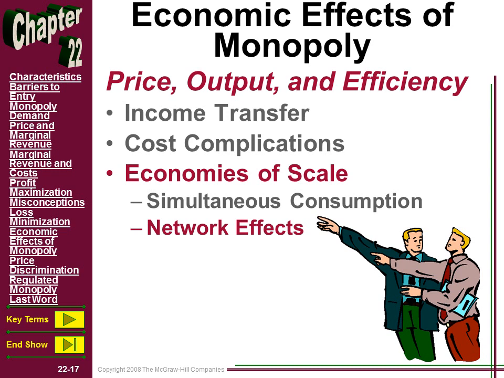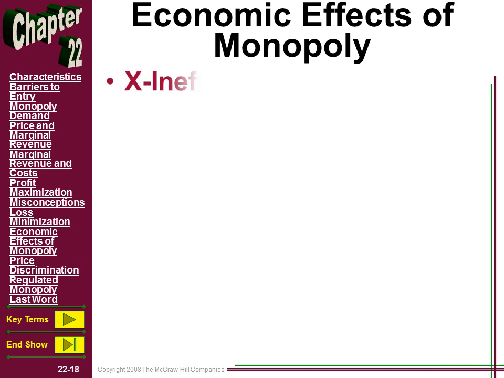So it's interesting. Netflix had for a time being here a monopoly on streaming, and then of course Amazon Prime came along, and now we have Disney Plus. But this idea of simultaneous consumption and network effects tend to offer, say, a counter argument against the inefficiencies.